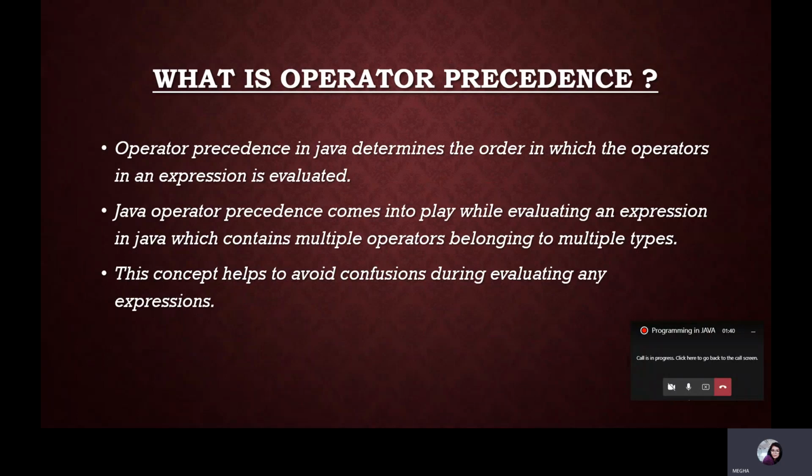Operator precedence in Java determines the order in which the operators in an expression are evaluated. It comes into play while evaluating an expression which contains multiple operations belonging to multiple types. That means operator precedence is the set of preferences given to the operators.